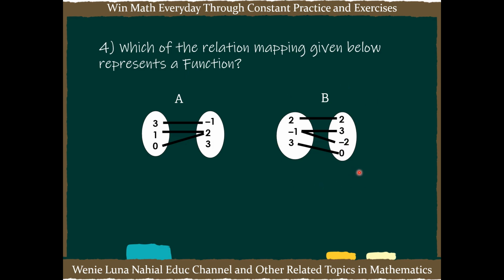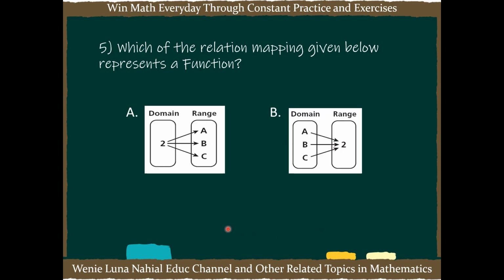So by this, we can say that choice B is a mapping which does not represent a function. But right here in choice A, every element is mapped or associated to a single number. And by that, we can say that this relation mapping represents a function.